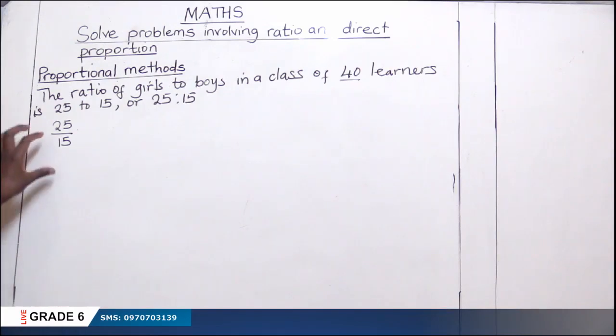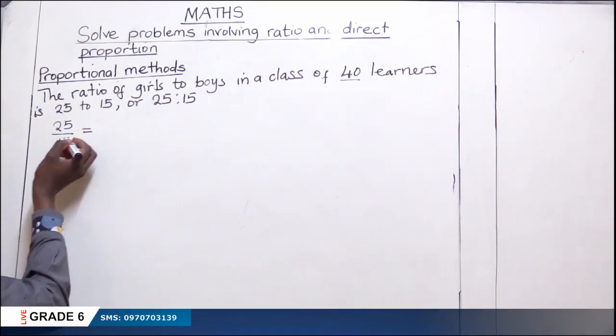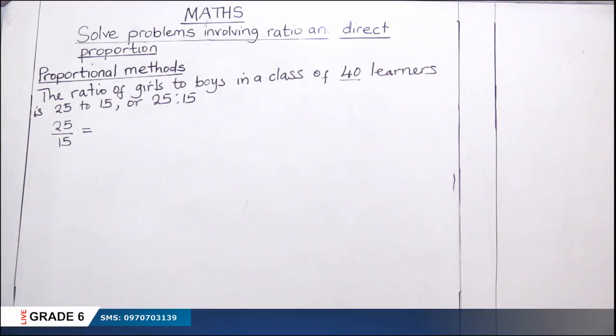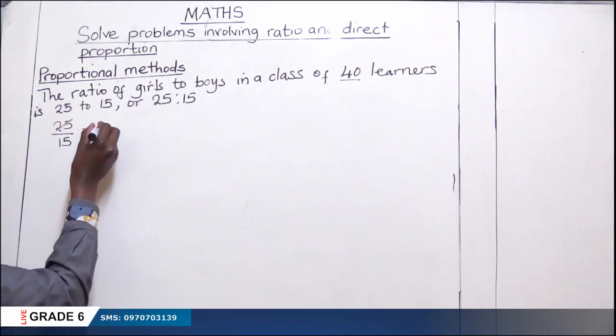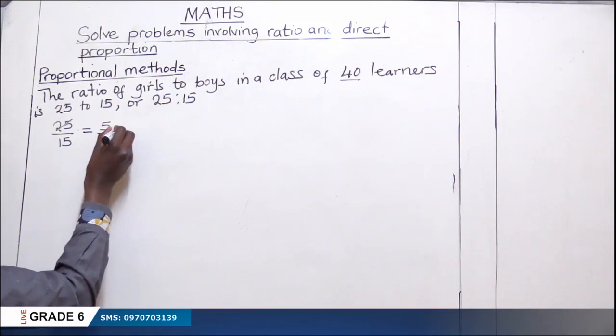If we reduce this to its lowest terms, we are going to look for a number that can go into 25 and into 15 without leaving a remainder. That number is 5. 5 into 25 is 5. 5 into 15 is 3.